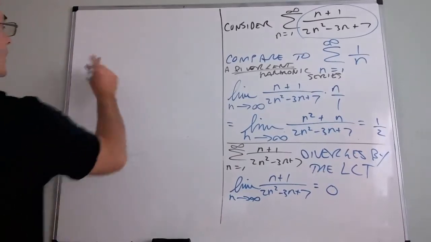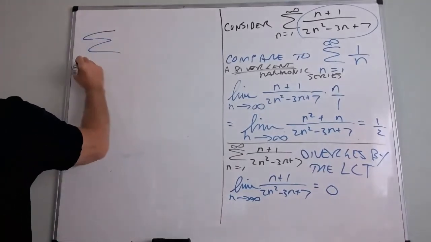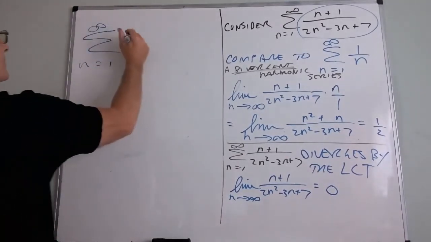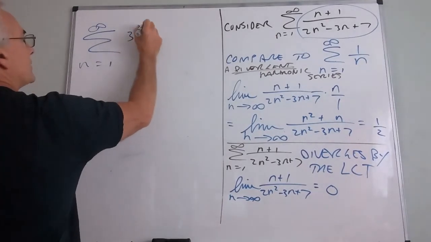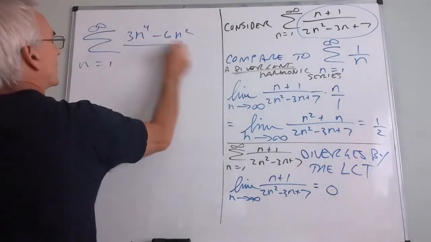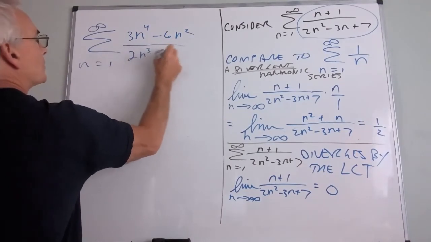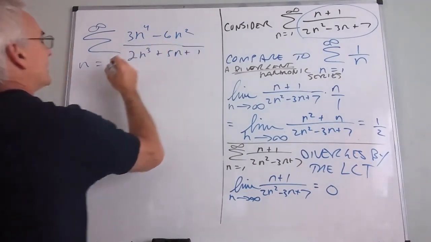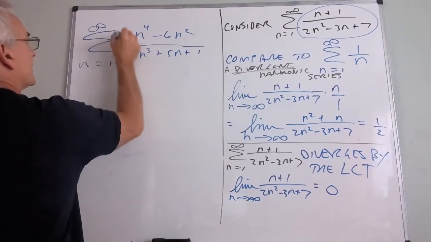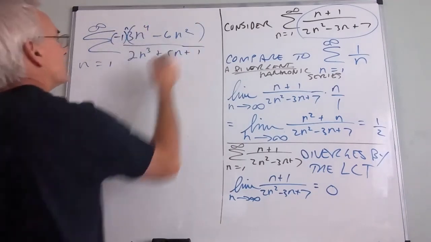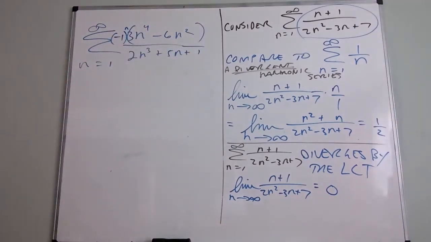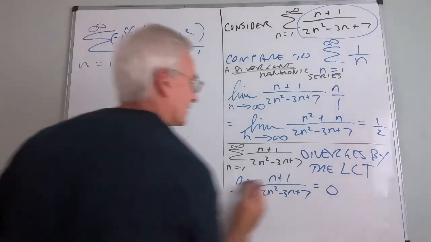Now I'm going to throw a weird one at you. I've got 3n to the 4th minus 6n squared over 2n cubed plus 5n plus 1, and I'll put the (-1) to the n here, times all of this gobbledygook.